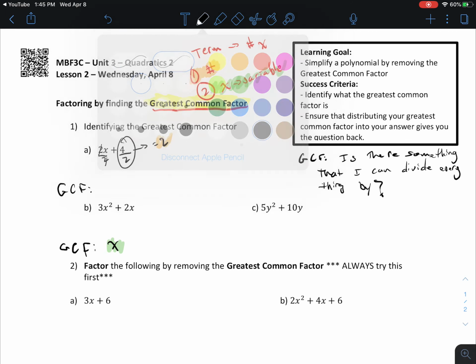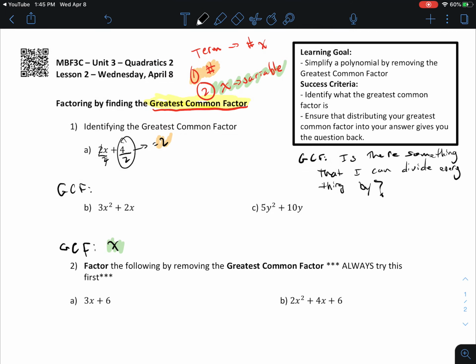In part C, though, I'm going to combine them. So what's the biggest thing that I could divide both of these by? Well, I see 5 can go into 10. So that works. I can divide both these by 5 because 5 goes into 5 as well. But then I also see that there's a y there.